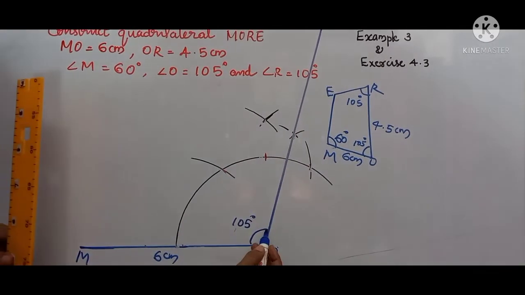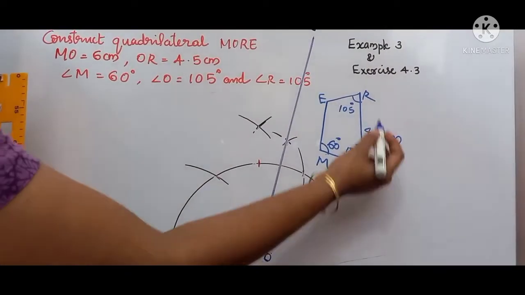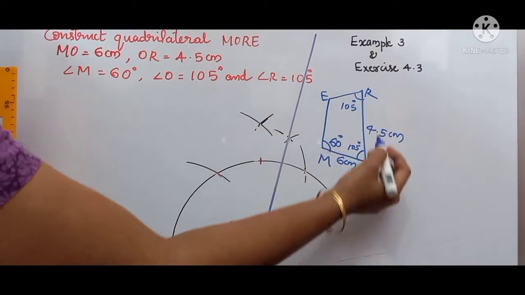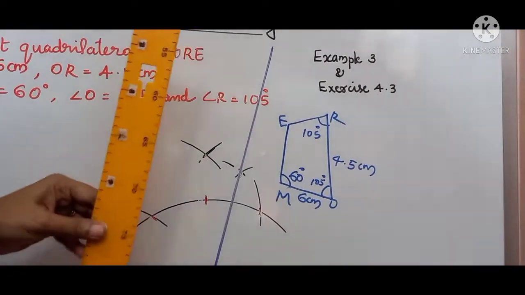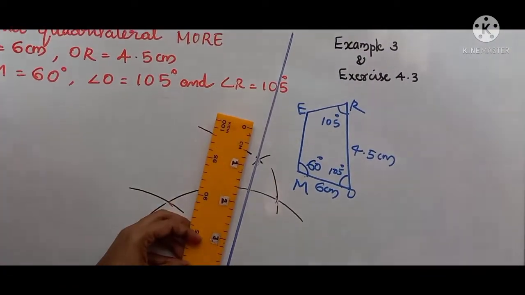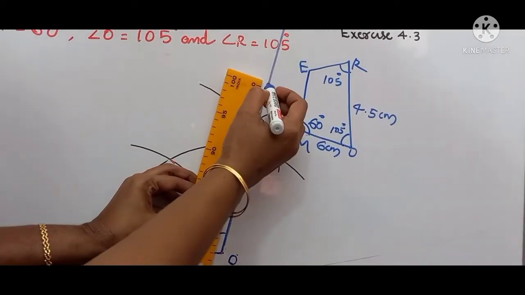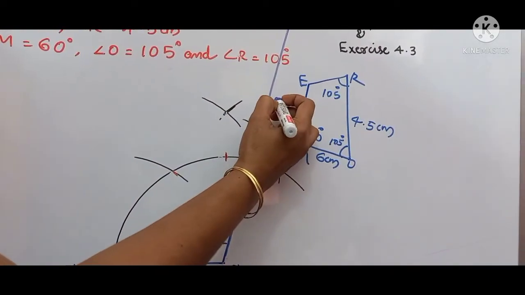Then we have to write here angle O 105 degrees. Then from O we have to find that point R. R is 4.5 cm away from O, so it is easy to take by using a ruler. Take 4.5 cm and mark that point. Here is our point R.